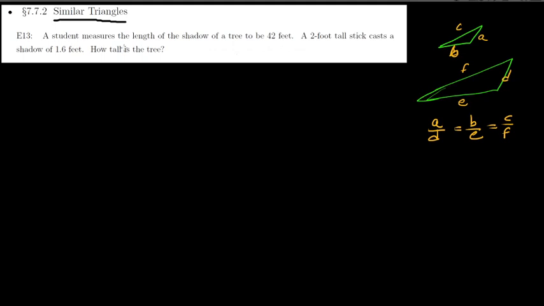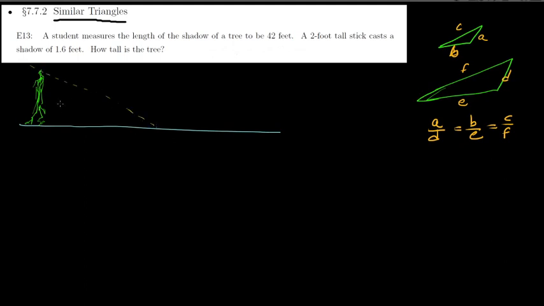We have a student who measures the length of the shadow of a tree to be 42 feet. This is my tree here, and here's the ground, and we have the sun focusing its rays.